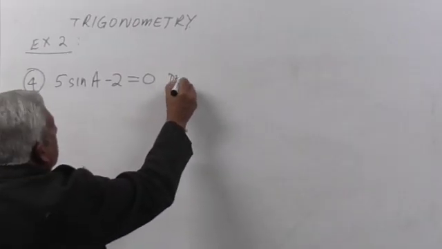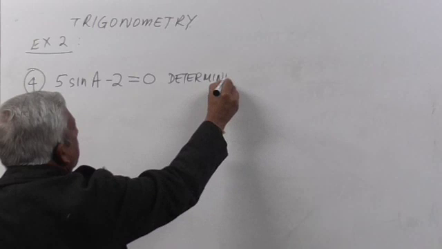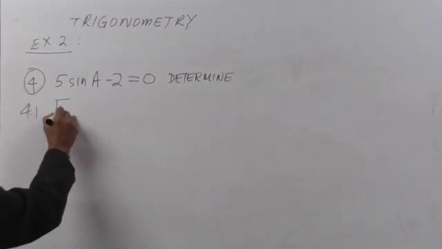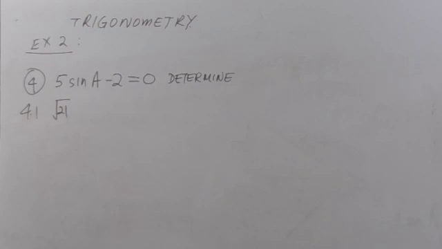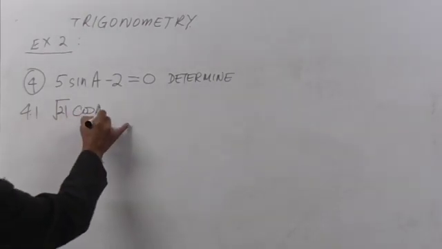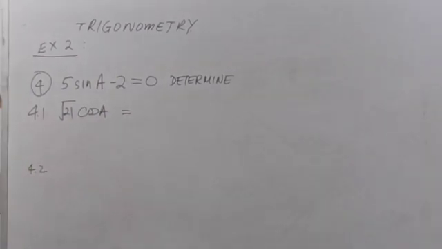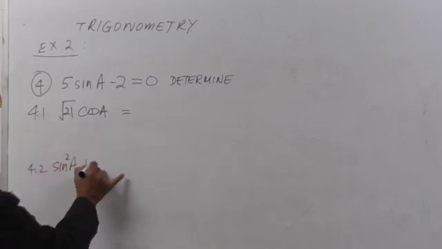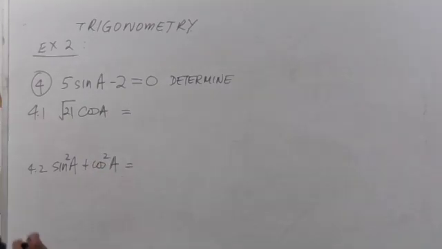Determine: 4.1, root 21 cos A; 4.2, sine squared A plus cos squared A; 4.3, sine A over cos A; and finally 4.4, tan A. So that is what you are required to find.